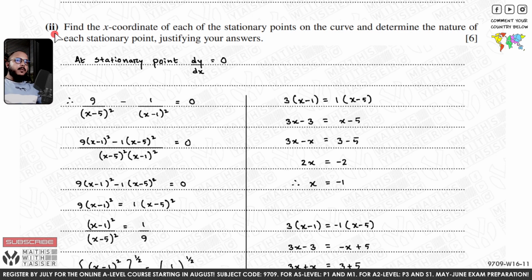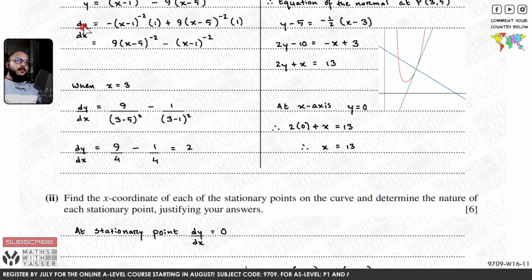In the next part of the question, we need to find the x coordinate of each of the stationary points on the curve, and we need to determine the nature of each stationary point, justifying our answers. So at a stationary point, we know that dy by dx equals 0.